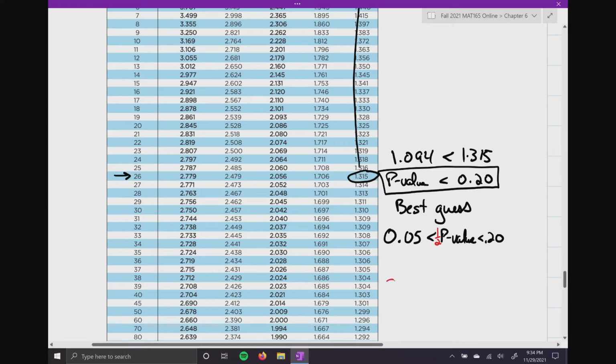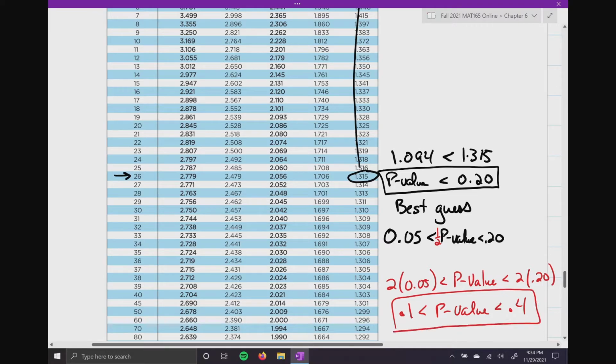So 2 times 0.05 is less than our p-value, which is less than 2 times 0.20. So our p-value is going to lie somewhere in between 0.1 and 0.4. That's our best guess. That is why technology really plays a huge role with this.